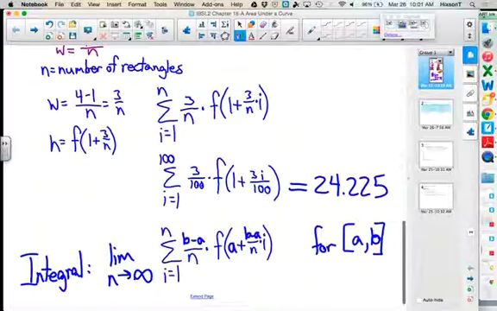If your interval is from a to b, we're simply replacing the 3's with b minus a, because that'll tell you how wide your interval is, and then you're dividing it by how many rectangles you have. And that really is the definition of an integral, at least using the upper sums, or the upper rectangles.